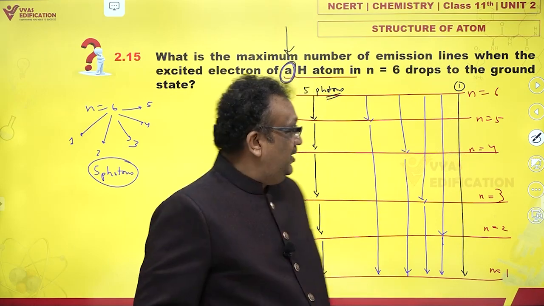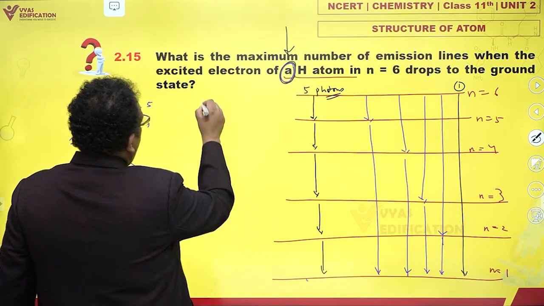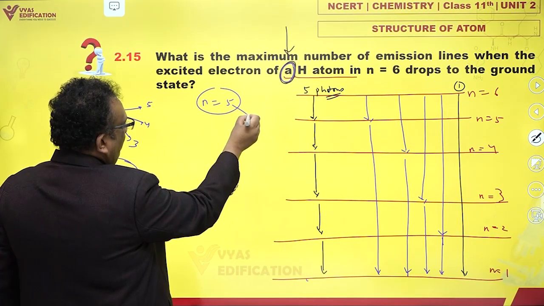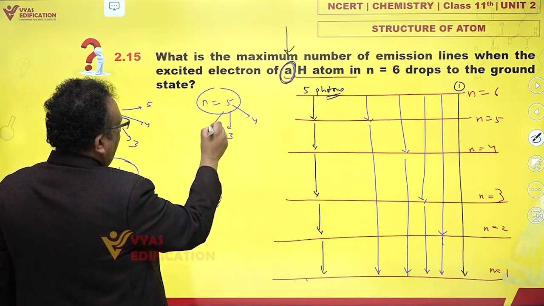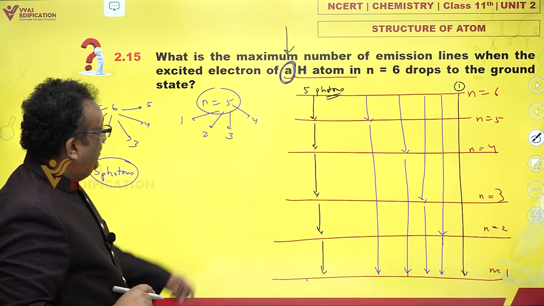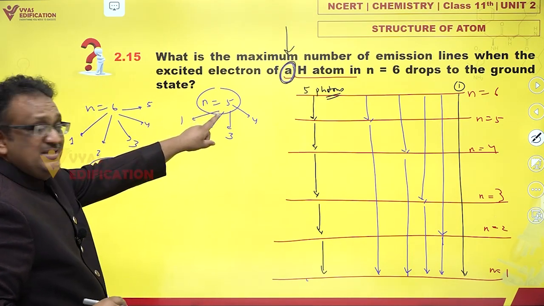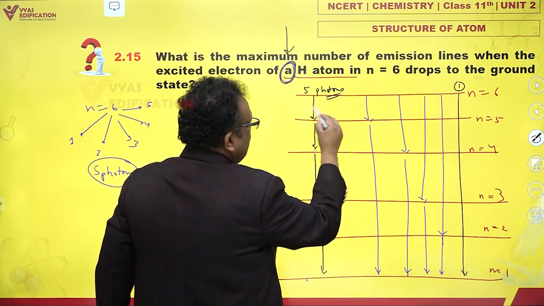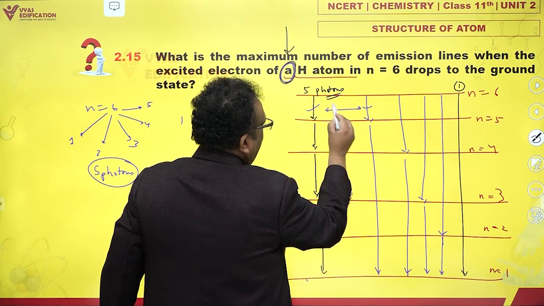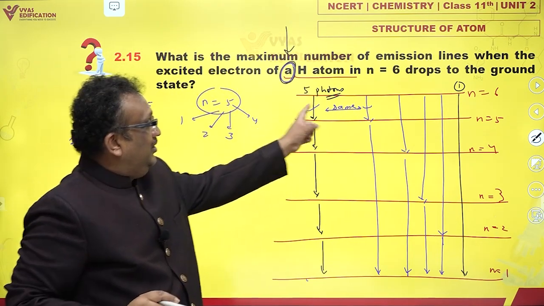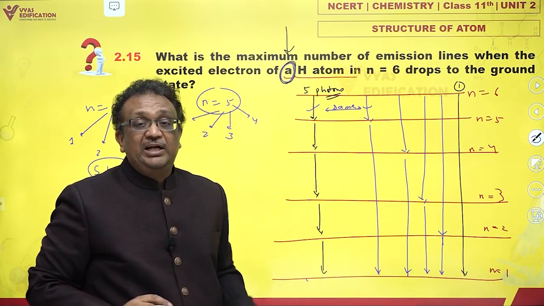Okay. Now, from n is equal to 5, if you're again falling down, from 5 you could come to 4, 3, 2, or 1. And please note, this has nothing in common with this. If you're counting like this, this is same. It becomes problematic. So you have to make sure that you're not counting double.